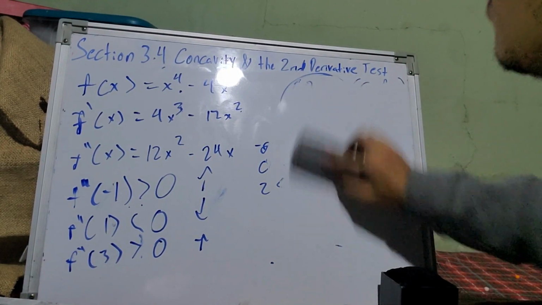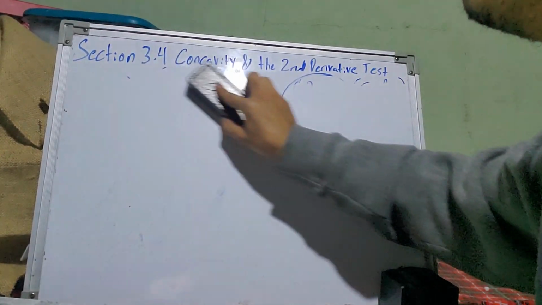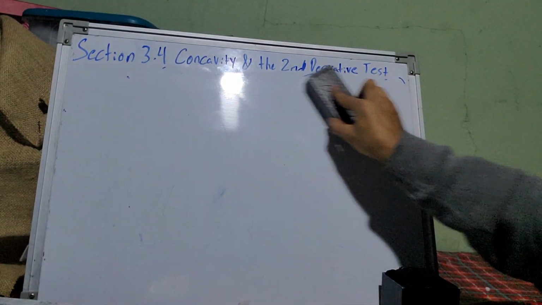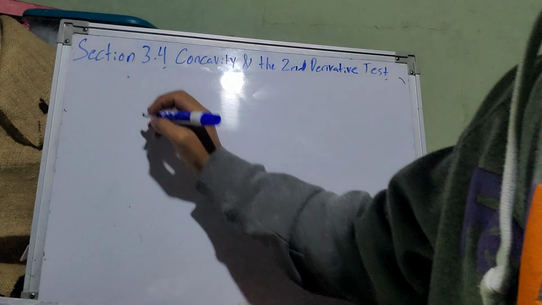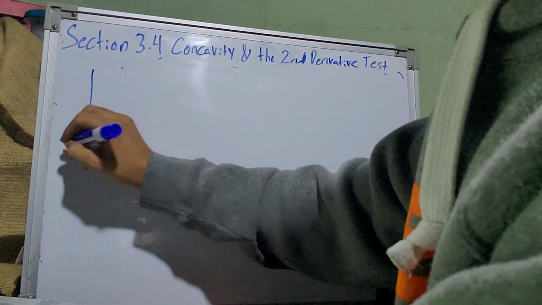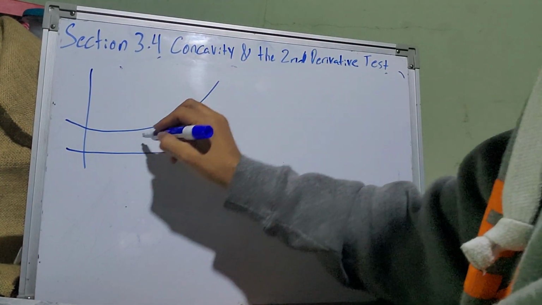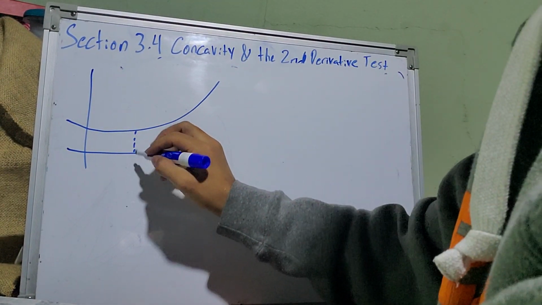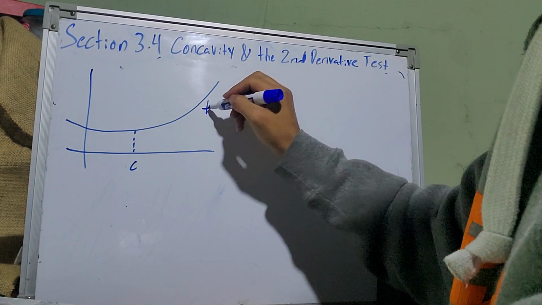Another test that we can use, the second derivative test, is to determine the relative minimum of a function on a graph. So say that we have this graph presented here with a relative minimum right here, localized as C. This is the full function.